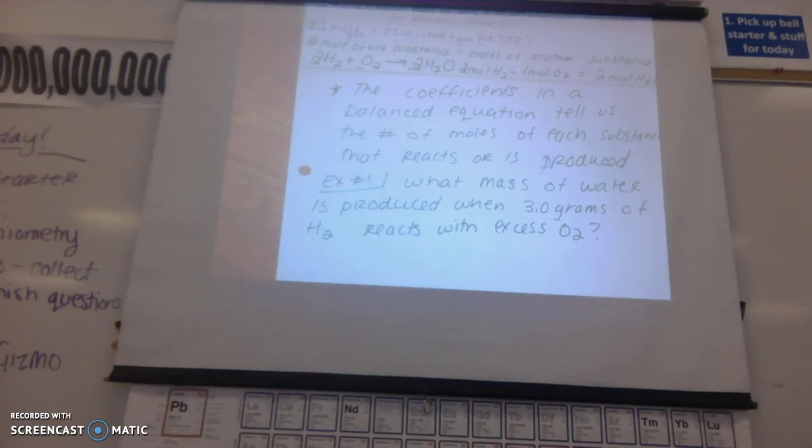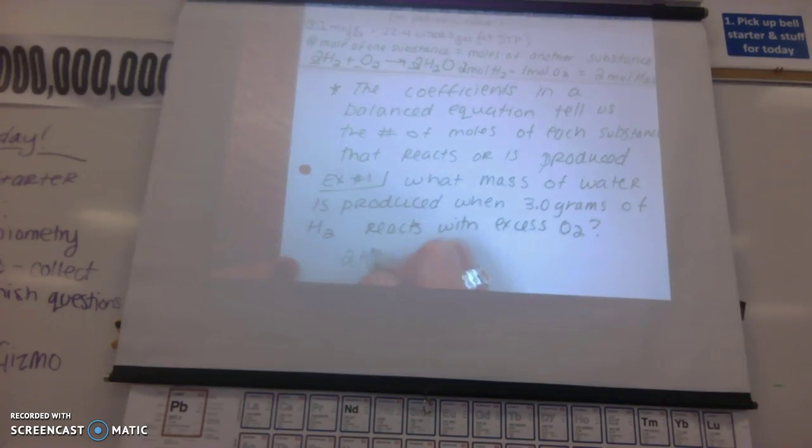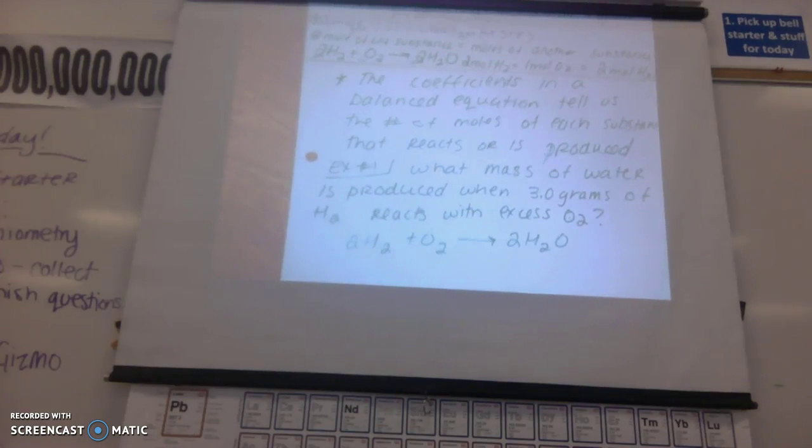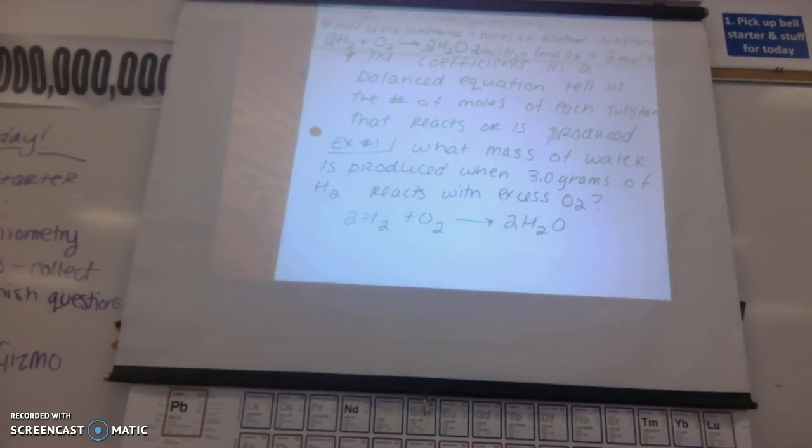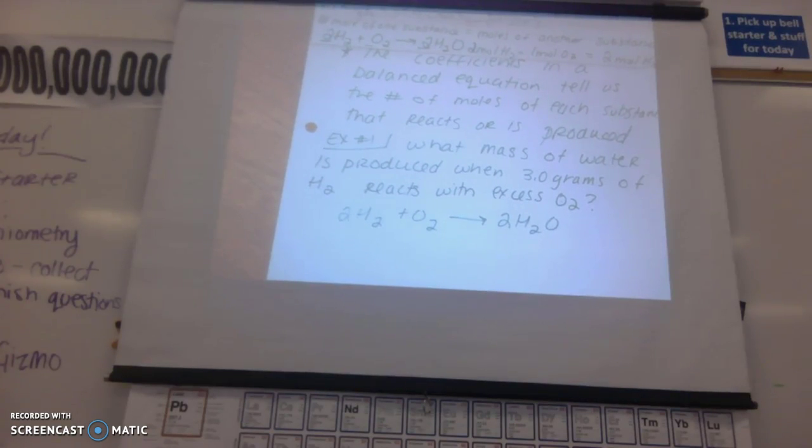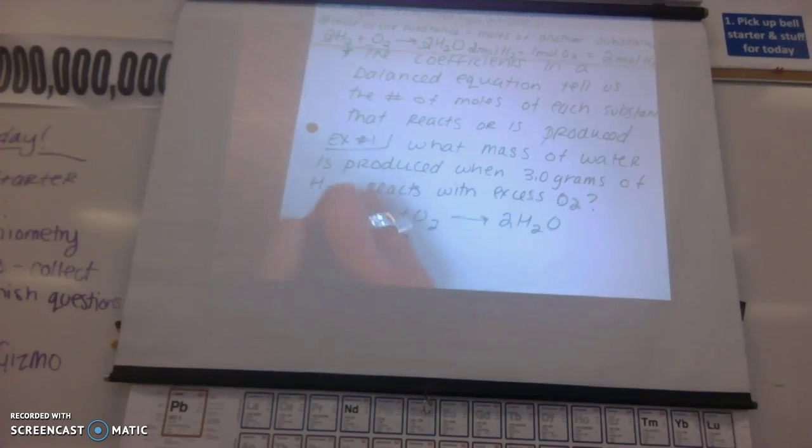You always need a balanced equation, so I'm just going to rewrite it down here. 2H2 plus O2 yields 2H2O. And we're still going to use the same 5 steps that we have this whole time to solve this. So step 1, find your target. What is it asking us to find?